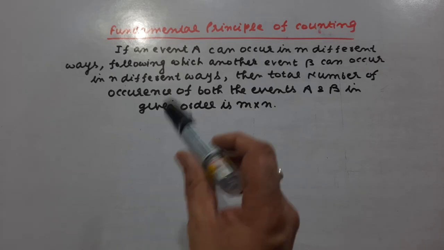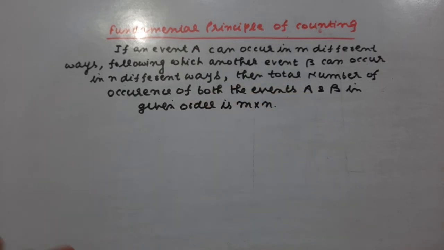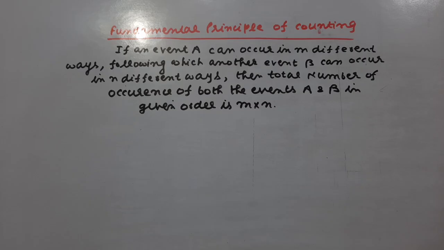If an event A can occur in m different ways, following which another event B can occur in n different ways, then the total number of occurrences of both the events A and B in the given order is m into n.